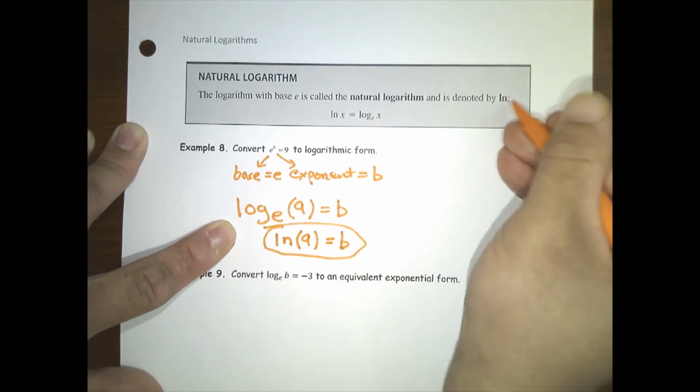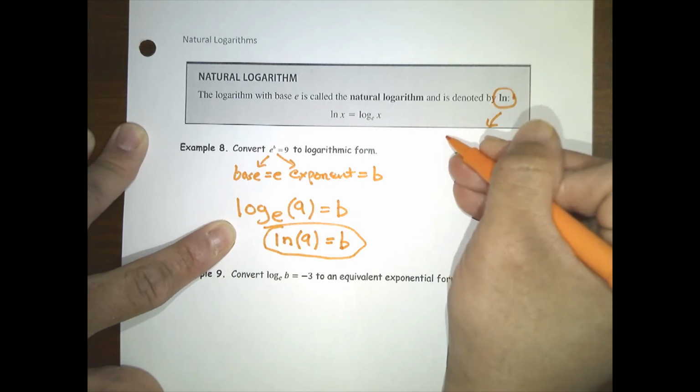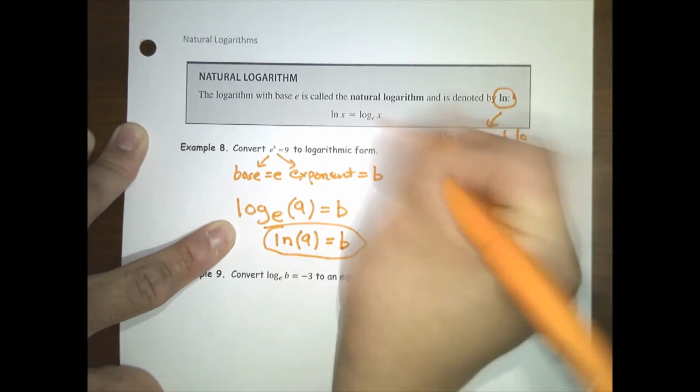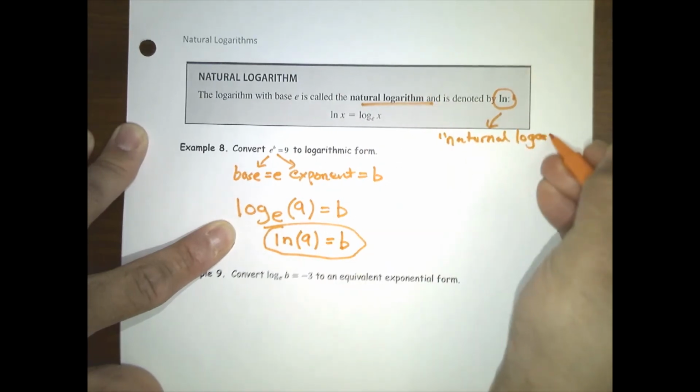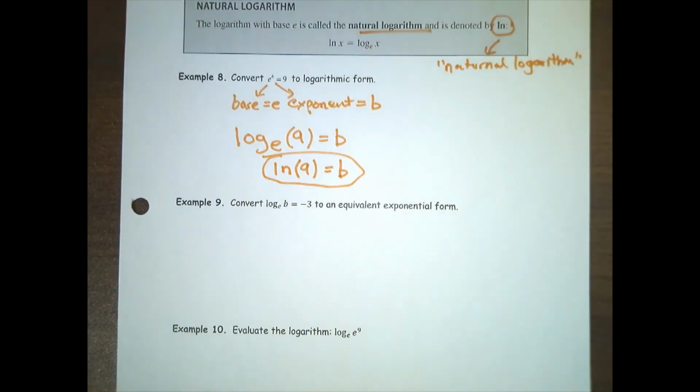This isn't "in", it's ln. ln stands for natural logarithm. Try to remember that it doesn't mean "in", and if you're looking at how this is typed out, it might even look like 1 times n, which it's not, it's ln.